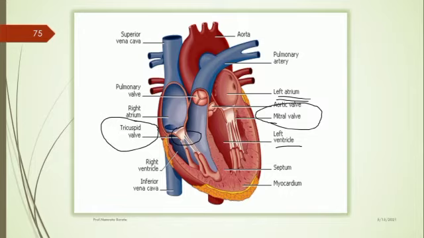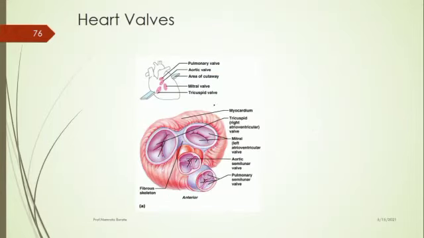Both these valves, the tricuspid and the mitral or bicuspid valve, function to prevent the backward flow of blood during the ventricular systole. I will show you the valve. The first one is the tricuspid valve, which is present towards the right side, and this is the mitral valve, meaning the bicuspid valve, which is present towards the left side.